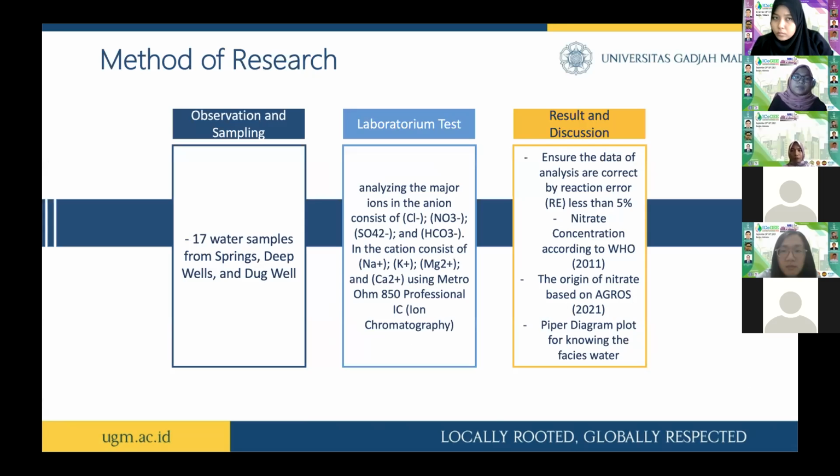For the method of research, we define the method into three parts. The first is observation and sampling, the second is the laboratory test, and the third is results and discussion.